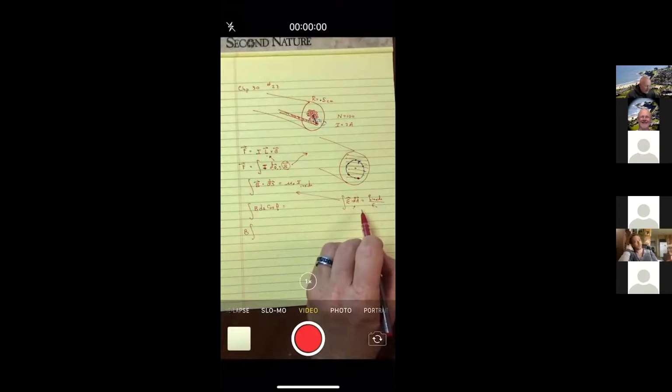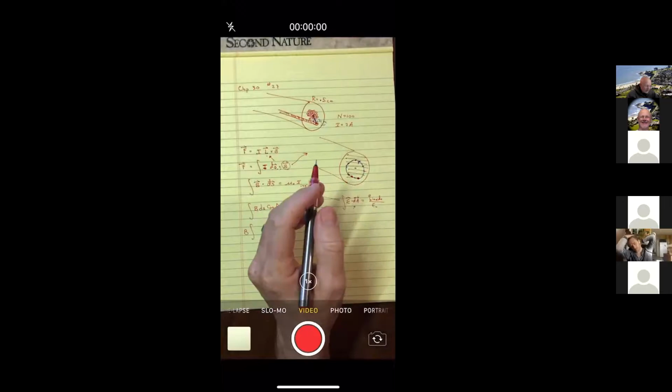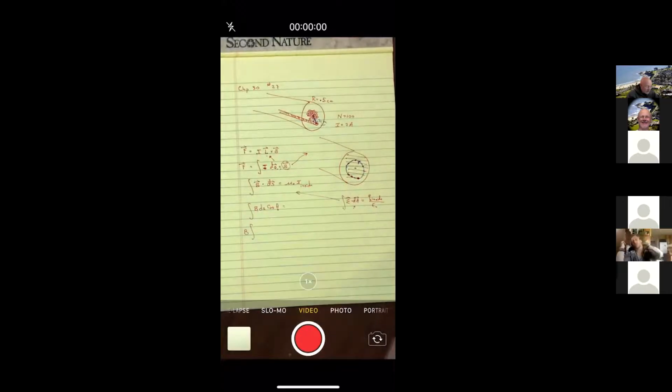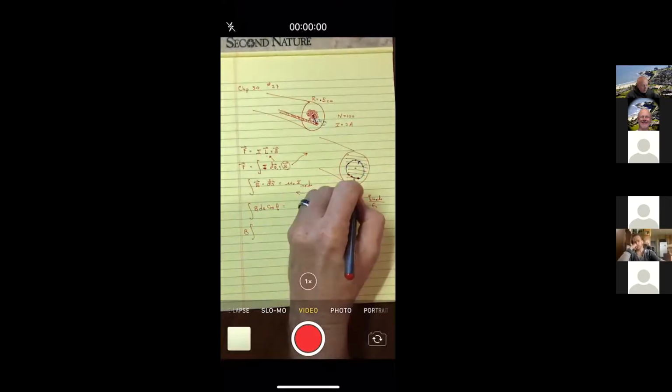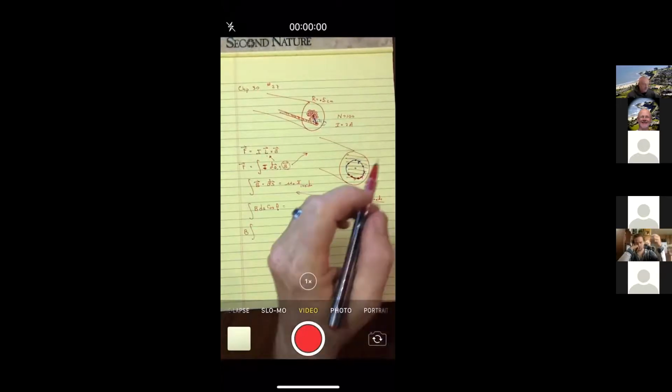And so again, we could argue that the magnetic field has to be along this direction of the Amperian loop. There's a couple ways of arguing that. Probably the best one is a line of symmetry.